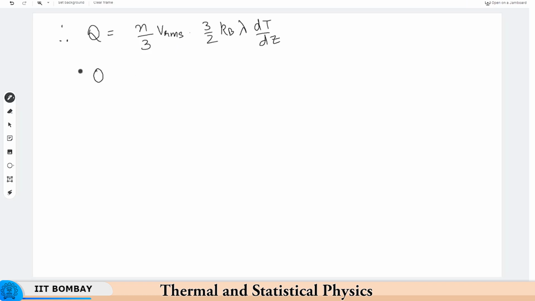And since k, the thermal conductivity, is Q divided by the magnitude of the temperature gradient, this 3 cancels out. So, we have n by 2 V RMS times kB times lambda. Okay.